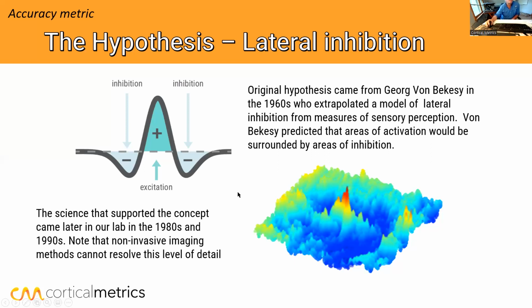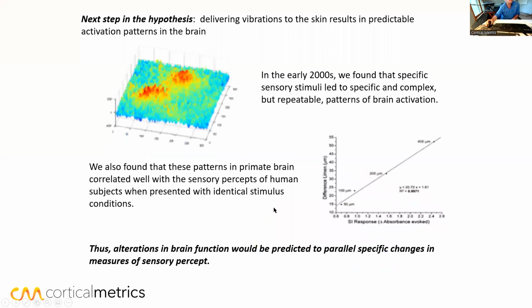But what happens next is that if you put two stimuli together, we can do experiments where we deliver two stimuli, and this is the pattern of activation in the brain. You see these two stimuli activate different areas. What we did was compare the activity patterns that we got by delivering different amplitudes of stimulation side by side.